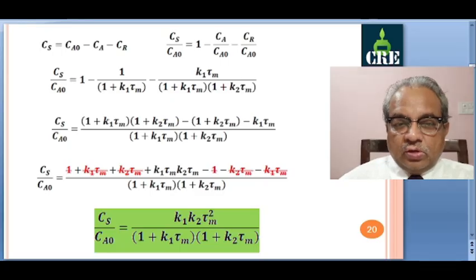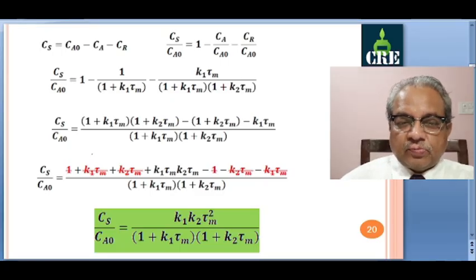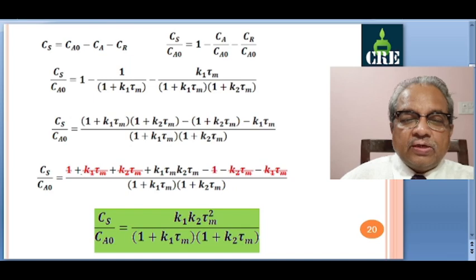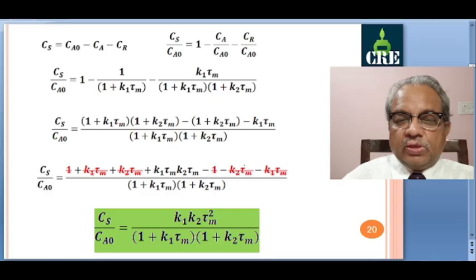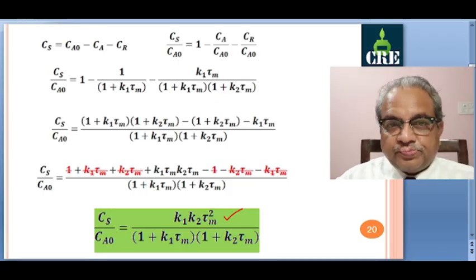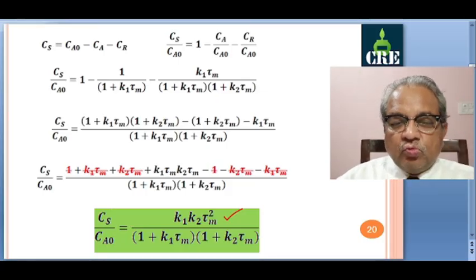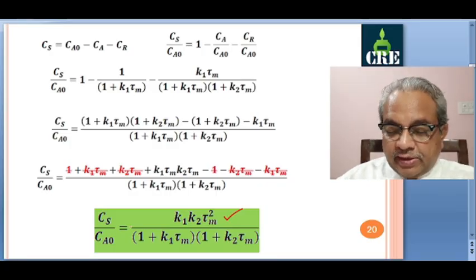If you solve these brackets, finally you will see that the terms K1 tau m and K2 tau m cancel out because they appear with plus and minus sign in the numerator. You are left with only K1 K2 tau m into tau m, which is tau m square. So K1 K2 tau m square is in the numerator, and the denominator is the same, 1 plus K1 tau m into 1 plus K2 tau m. So this gives you Cs by Ca0. When Ca0 is equal to 1, only the right hand side will give you the value of Cs directly.